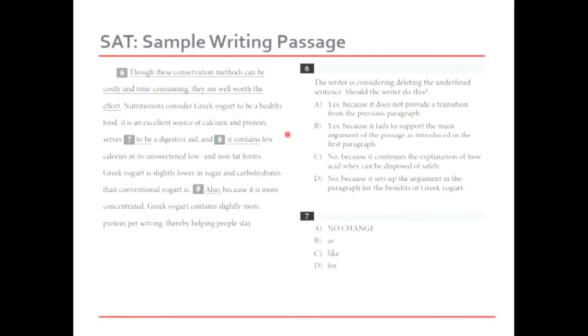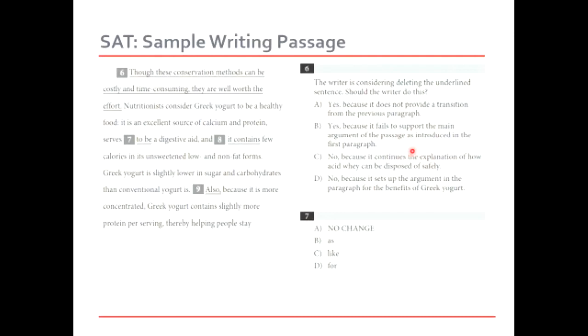But then he said at the same time it has a lot of health benefits, and the health benefits outweigh the potential drawbacks. So option B is absolutely wrong, because it does support the main idea. It does talk about the conservation methods compared to the advantages of Greek yogurt. So option B is not the right choice.